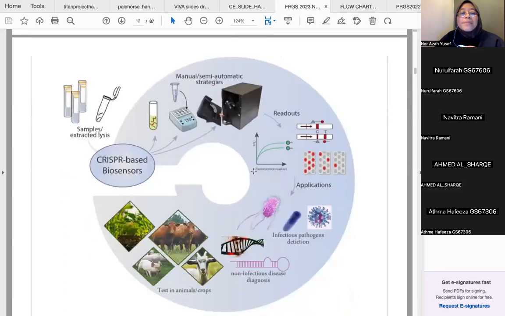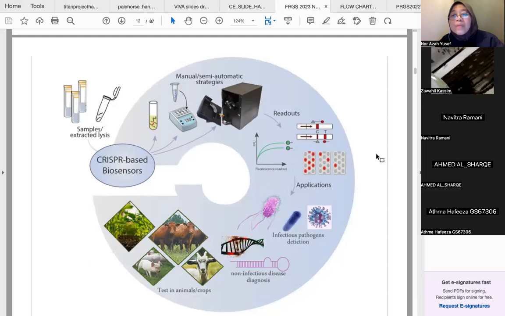And then it is important for you to use this kind of diagrams. I think I have shown you a graphical abstract.